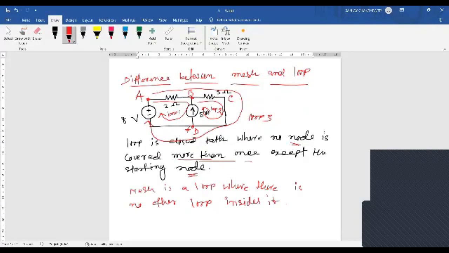So basically here, this is one mesh, and this is another mesh. Of the three loops, you can say that inside a mesh there is no loop, but in a loop there may be a mesh. Suppose like A, B, C, D, this is loop 3. Inside this loop 3 there are meshes. But inside a mesh there cannot be any other loop.